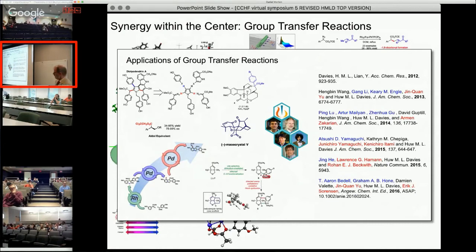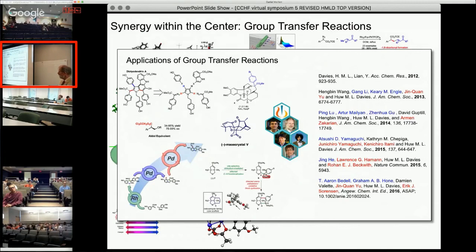And I mentioned we've also had a very interesting collaboration, as shown top left, with Professor Ken Itami's group in Japan, where, again, combining his CH functionalization strategies with ours, we were able to synthesize this compound, dictyodendrin. Another aspect we're really intrigued by is late-stage CH functionalization. We collaborated with Novartis, Rowan Beckwith, and Larry Hammond to demonstrate that you could actually use this chemistry in compounds as elaborate as alkaloids to achieve site selectivity in those reactions.